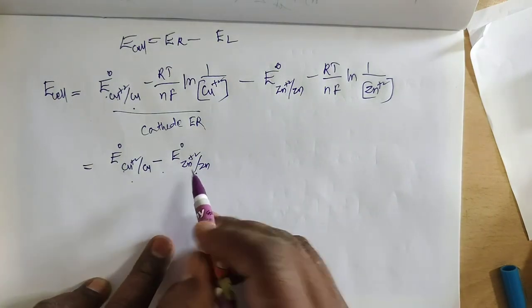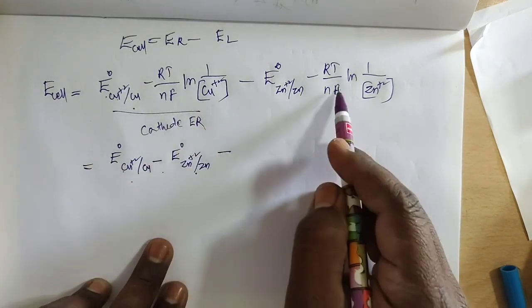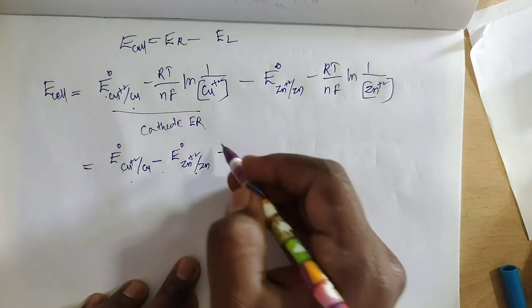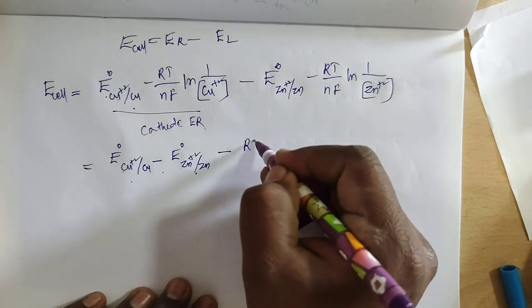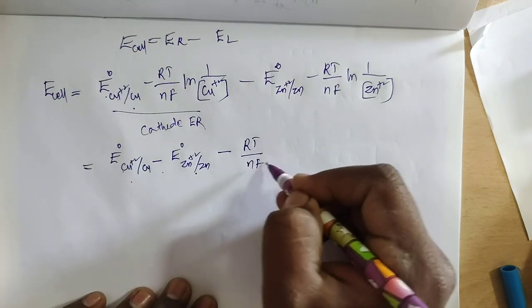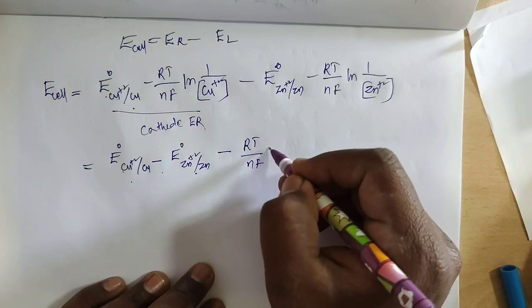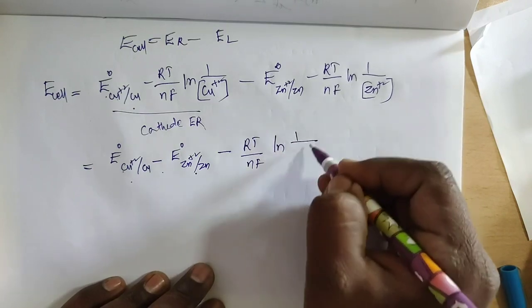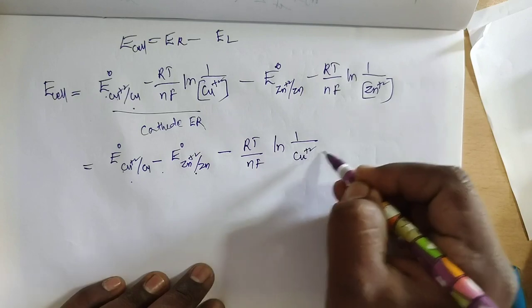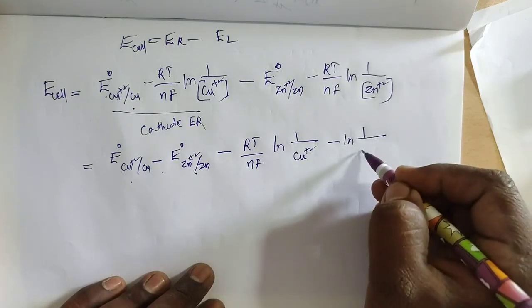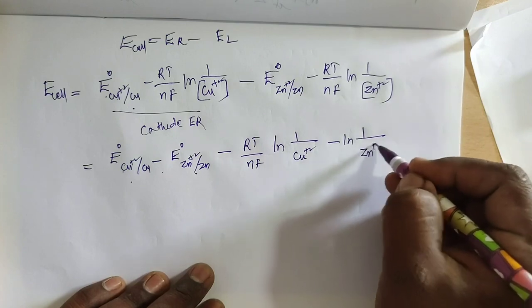Minus RT/nF multiplied to ln 1/Cu+2 minus ln Zn+2.